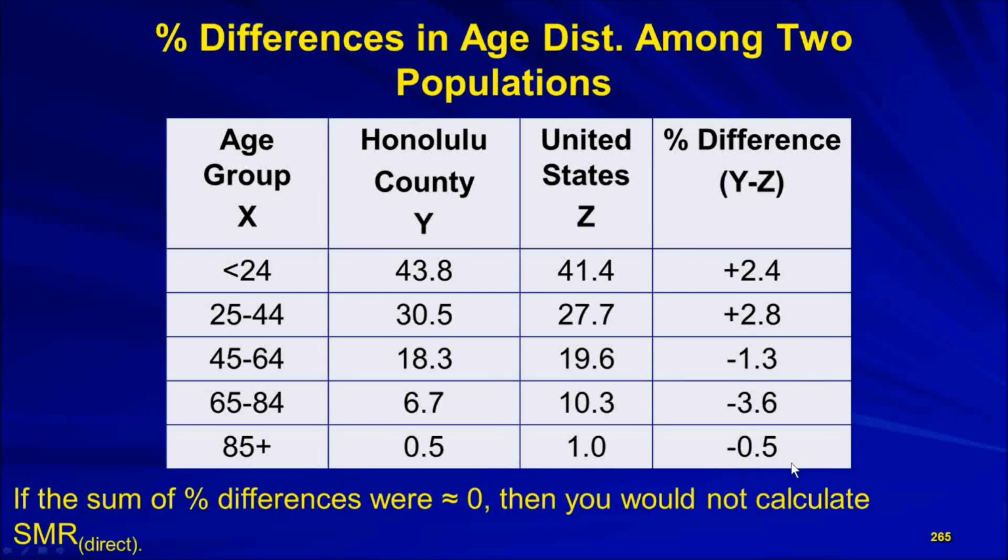You would not do an age-adjusted death rate. So you wouldn't do an SMR direct in this particular instance. But in this case, we're definitely going to do it. The population is definitely skewed, and I want to talk to you about that.